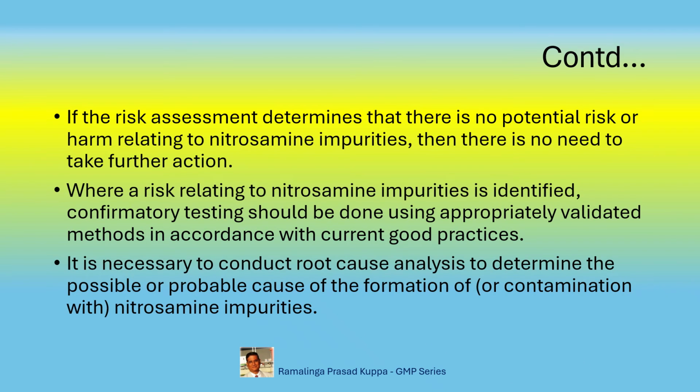It is necessary to conduct root cause analysis to determine the possible or probable cause of the formation of or contamination with nitrosamine impurities. The root cause analysis should be supplemental to the risk assessment. The detailed path forward for root cause analysis is provided in the next slide.